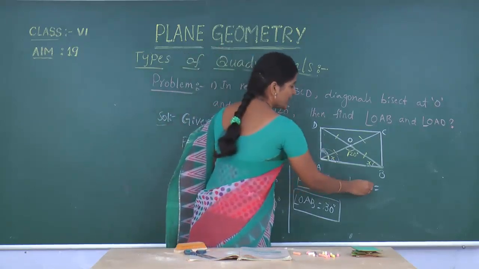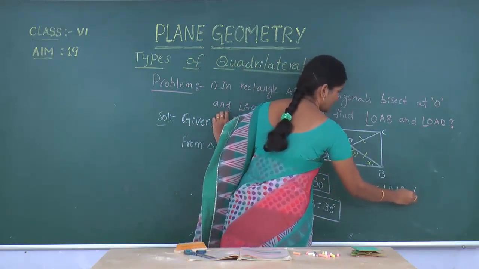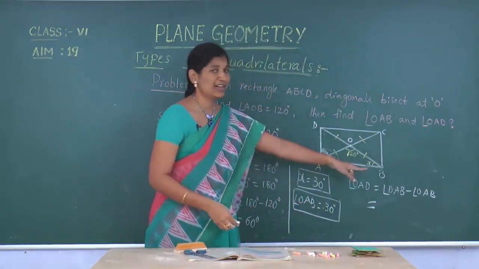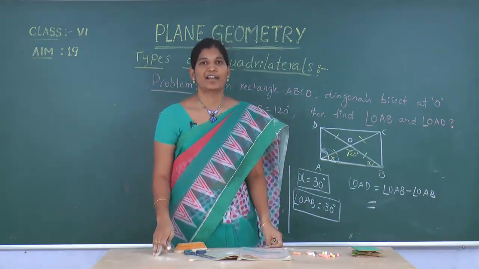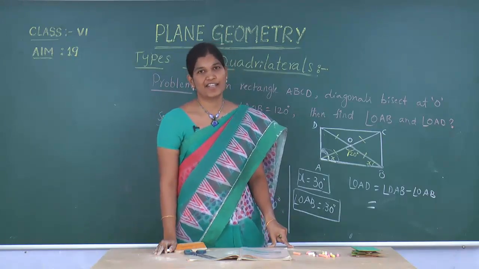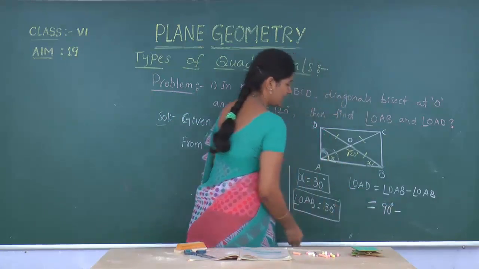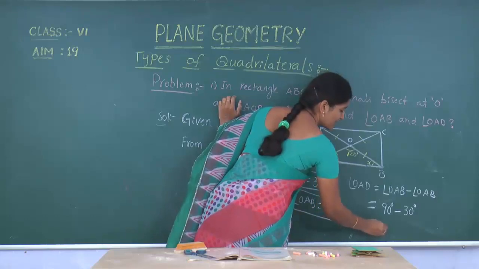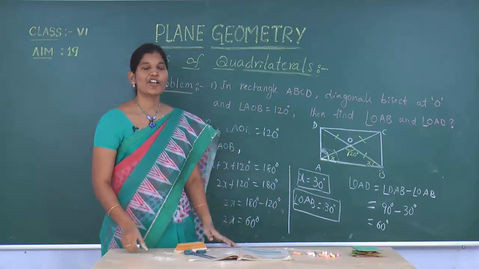So angle OAD I am writing as angle DAB minus angle OAB, and we know angle DAB. DAB is nothing but angle A only, and we know each angle in a rectangle is 90 degrees. So I am writing 90 in place of DAB, and we got OAB is 30 degrees. So 90 minus 30 degrees will give 60 degrees. In this way we can solve any problem.